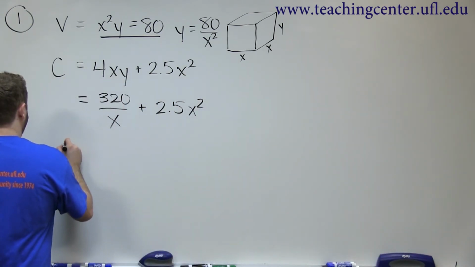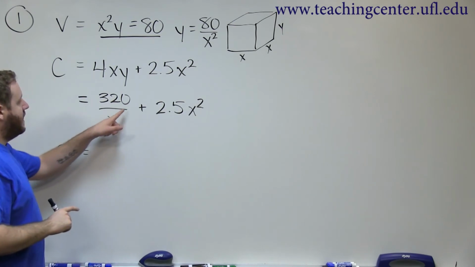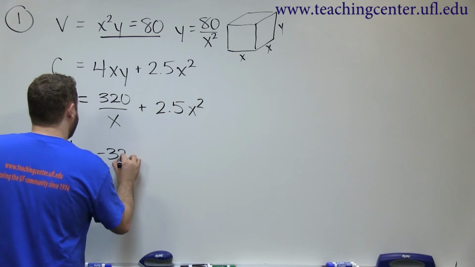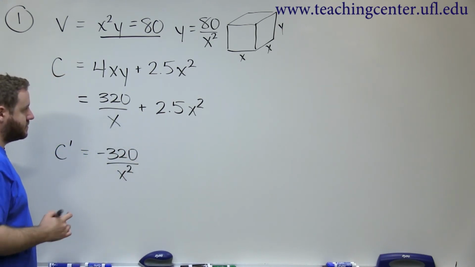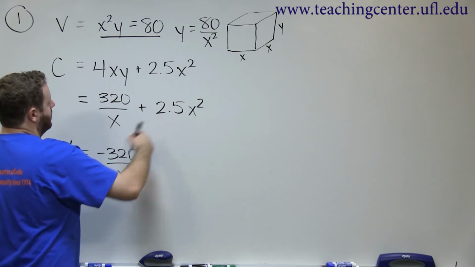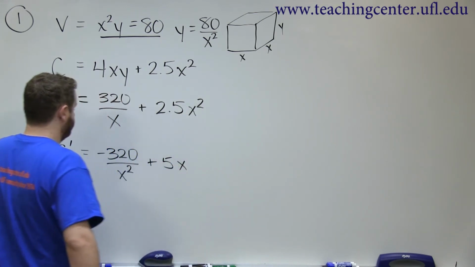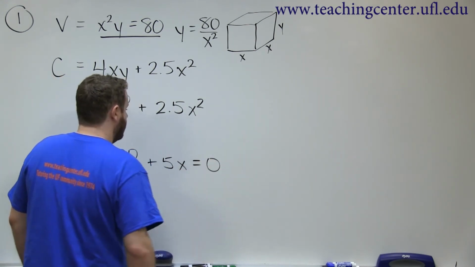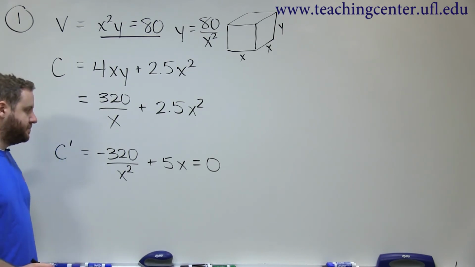So we want c prime. This is 320x to the minus 1, so that would give us negative 320 over x squared when we do the derivative. Here we just use our power rule, multiply by 2, so that would be 5x. So we want this to be 0 in order to give us our minimum.